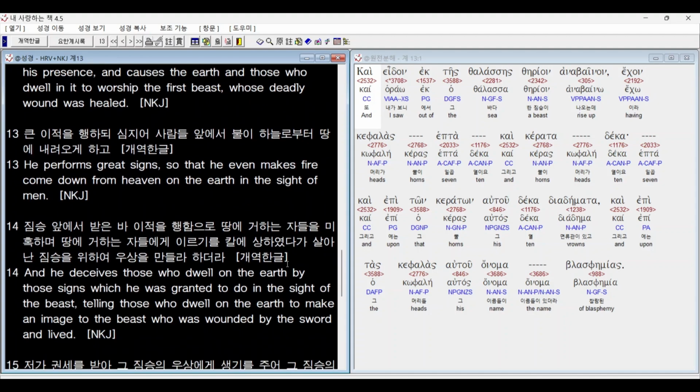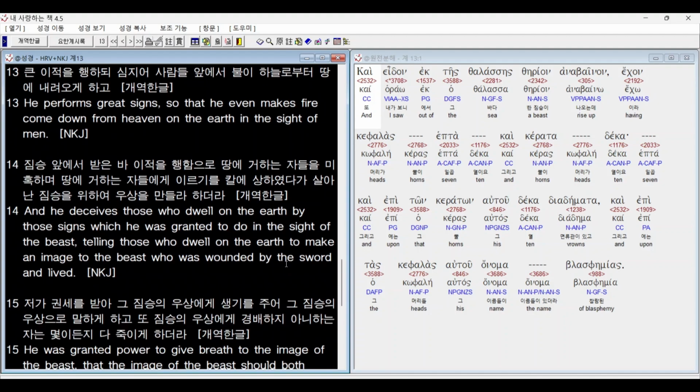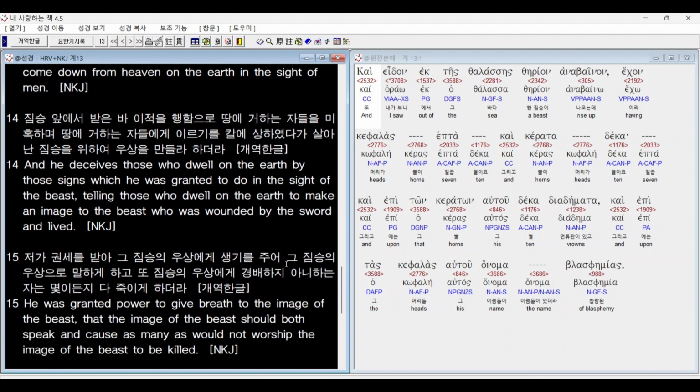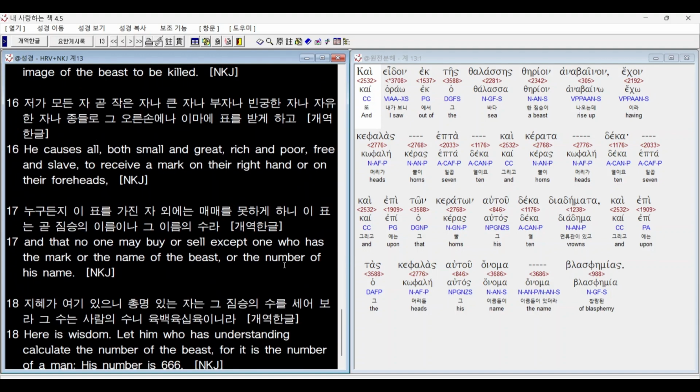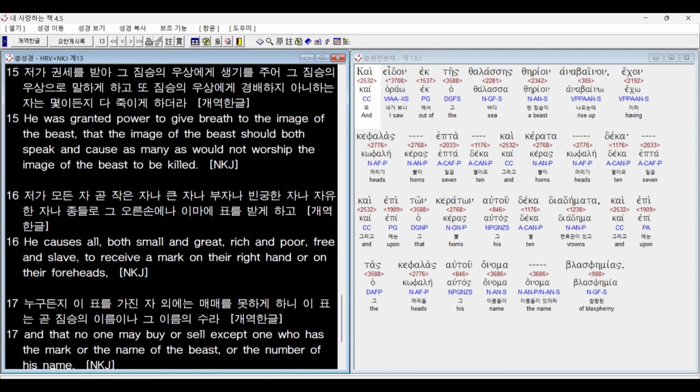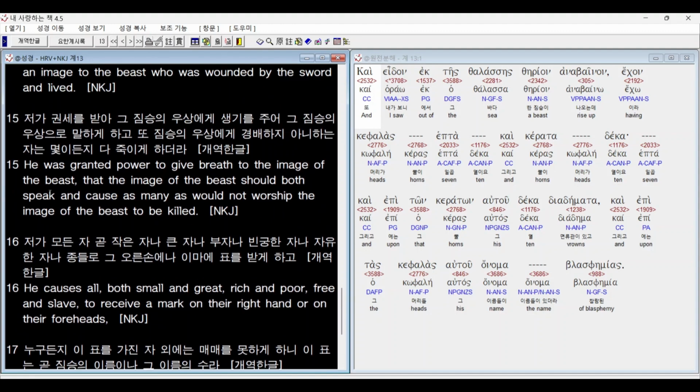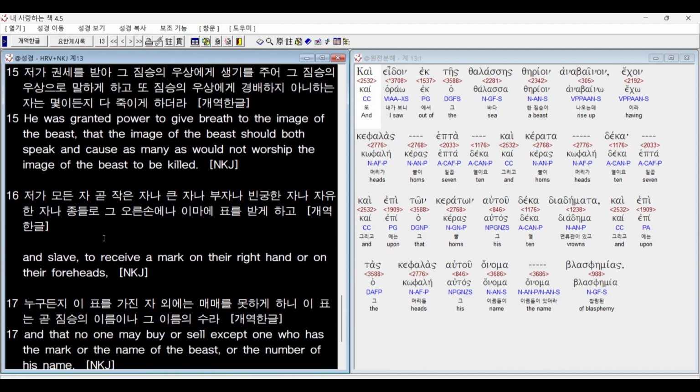When you come down, he is giving the mark. Here, he causes all, both the small and great, rich and poor, free and slave, to receive what?